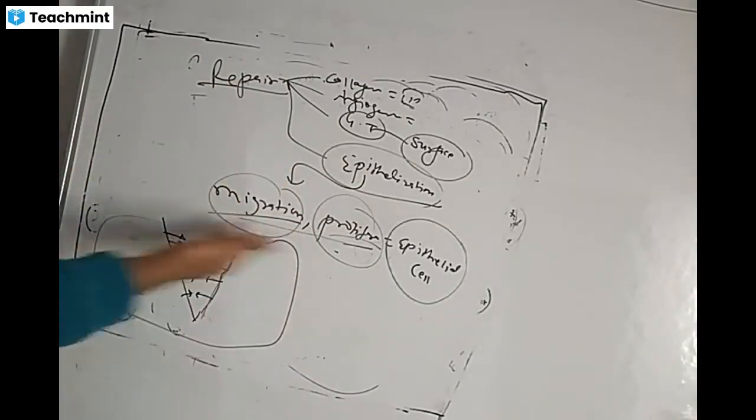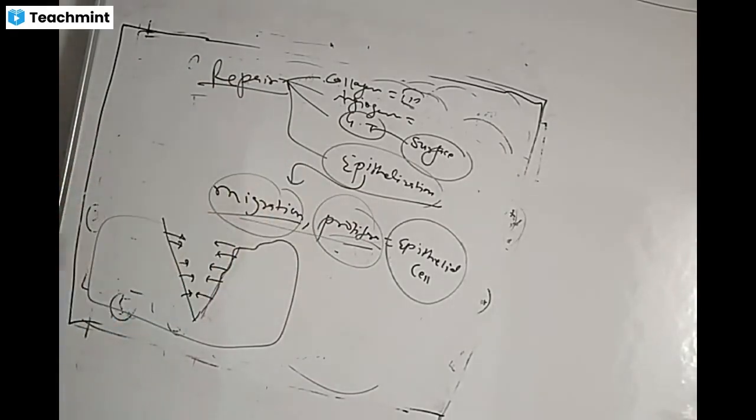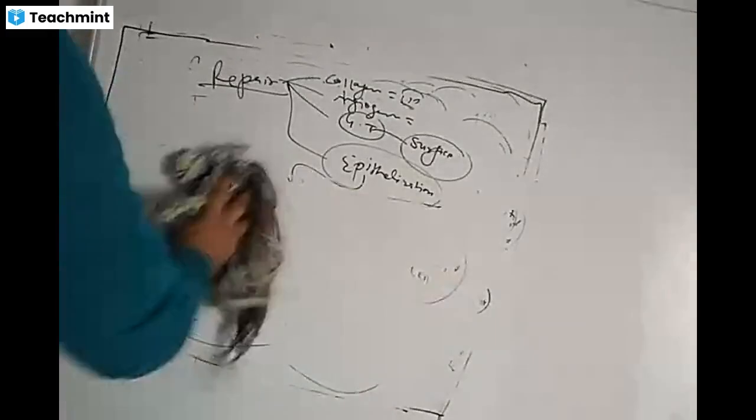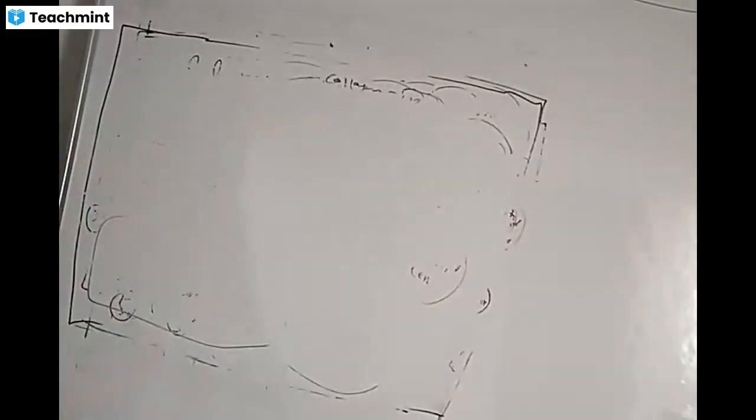On that platform, that surface, they will move towards each other. This process is oxygen and energy dependent. So these epithelial cells all migrate.